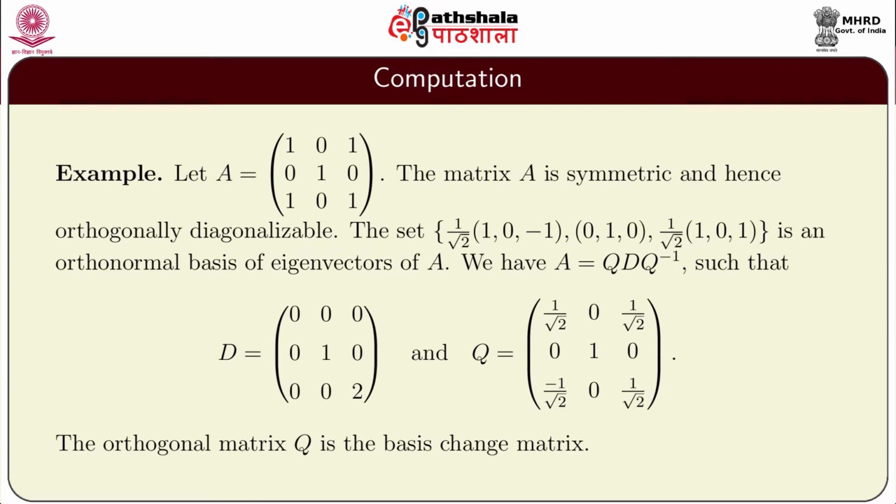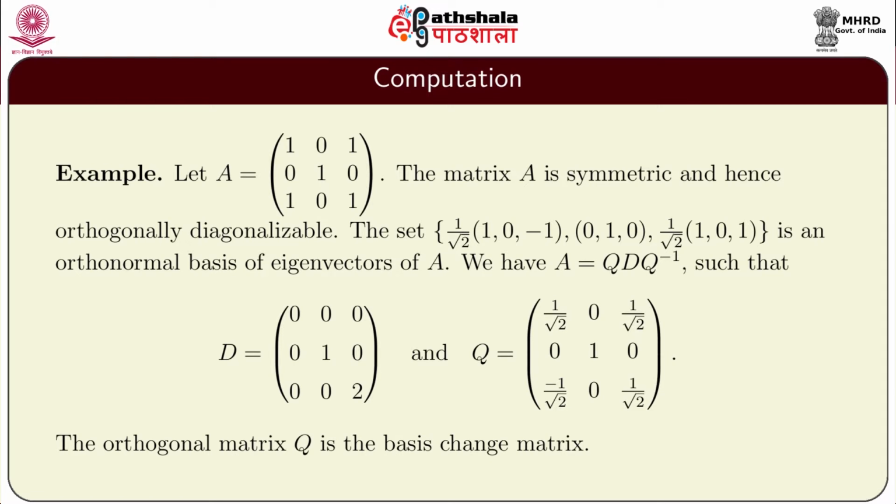We therefore have A equal to Q D Q inverse, such that D is the diagonal matrix whose principal diagonal entries are the eigenvalues of A, and Q is the matrix whose first row is 1 over root 2, 0, 1 over root 2, second row is 0, 1, 0, and the third row is minus 1 over root 2, 0, 1 over root 2.